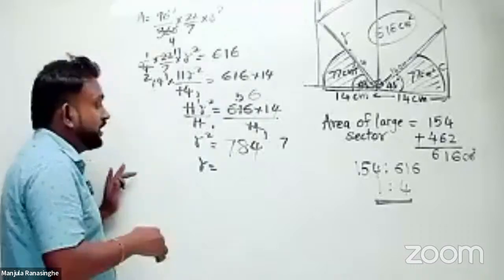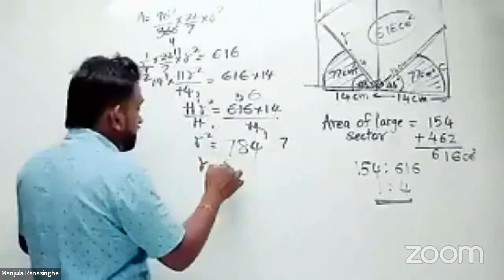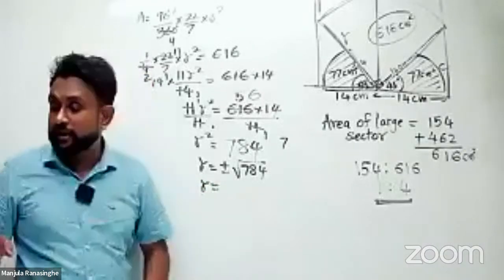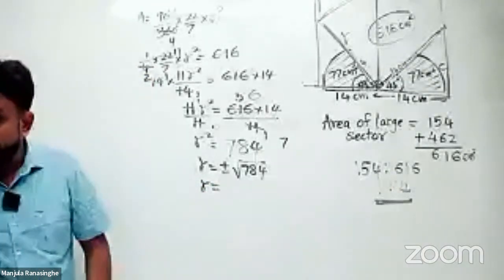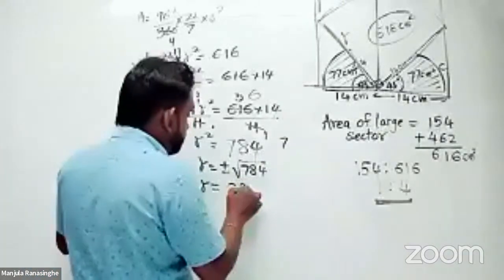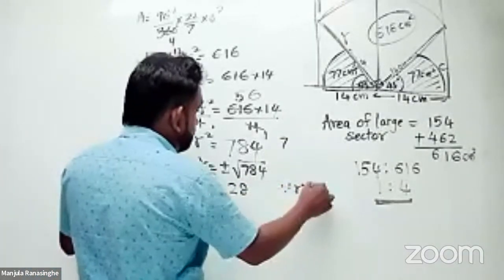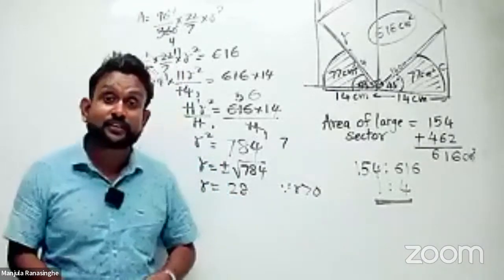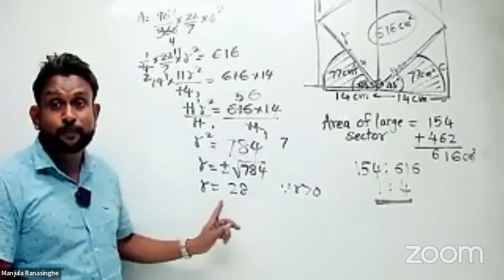Okay, that is r squared. R equals plus or minus square root of 784. The square root of 784 is 28. So R equals 28 such that R is greater than 0. Now you got the radius of the bigger sector as 28 centimeter.